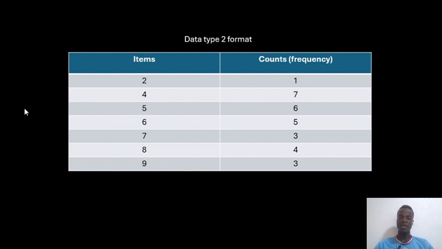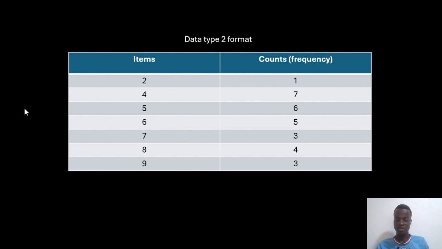We are looking for the mode. The mode is just referring to the item that has the greatest count or the greatest repeat. If I say count many times, count is the same as the frequency. So we are looking at the element or the item that has the greatest frequency. In our table, we have item against frequency.